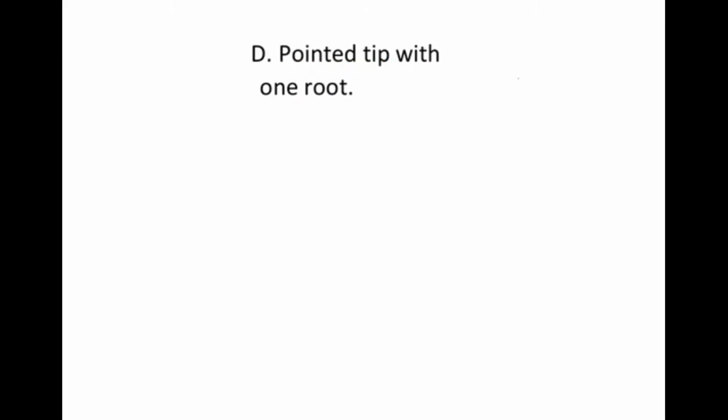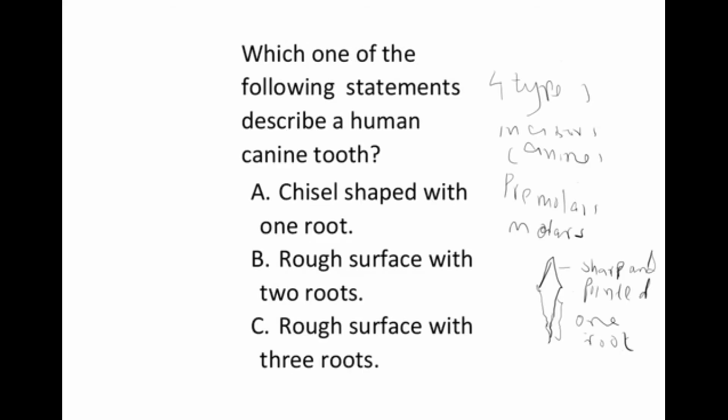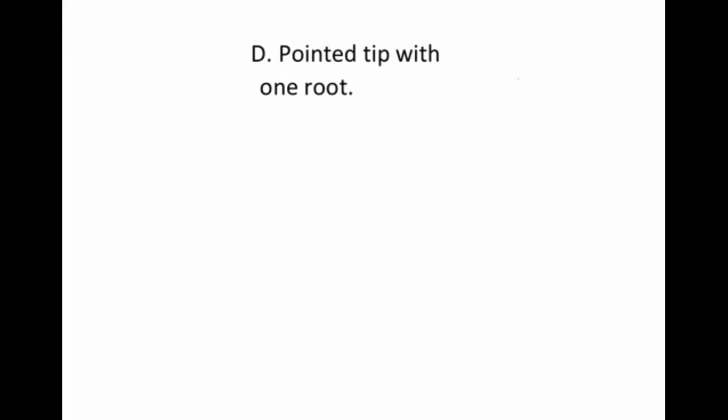So according to our explanation, we have said the canines are sharp and pointed, and they have 1 root. So that one matches the choice D, which is pointed tip with 1 root. So in that case, our answer will be D, because they are sharp and pointed.